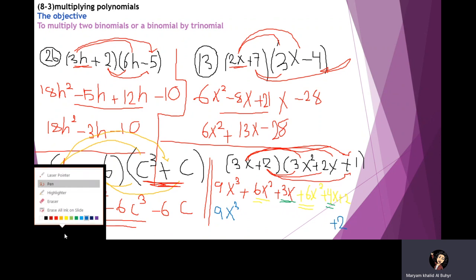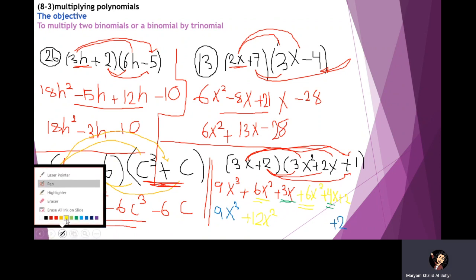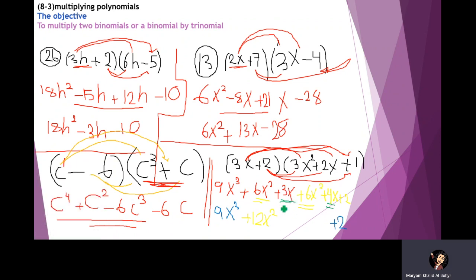So I just need to do my calculation for this term and this term. So that is 6x to the power 2 plus 6x to the power 2, so that will be plus 12x to the power 2, because these are like terms. Then you have finally this term and this term. So they are 3x and 4x, 7x, and that's it. And this is the remaining part.